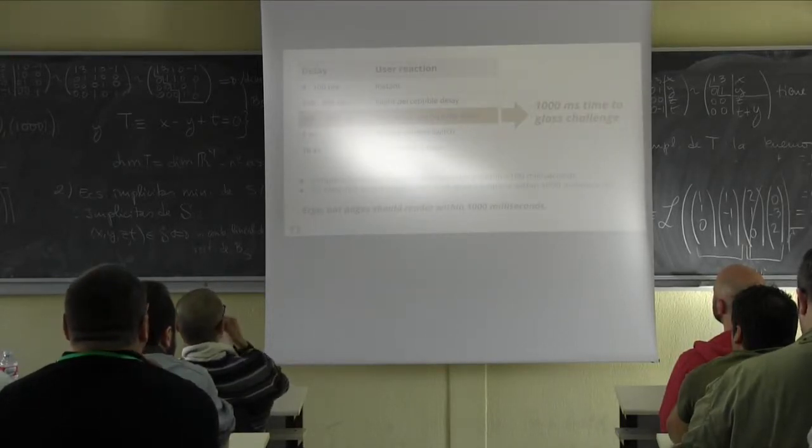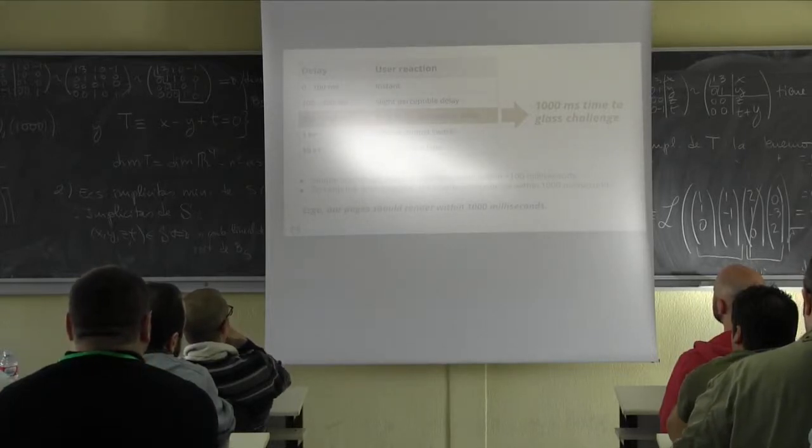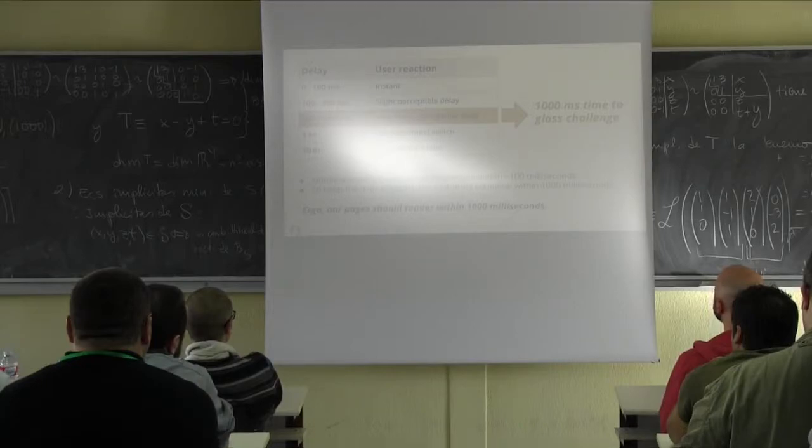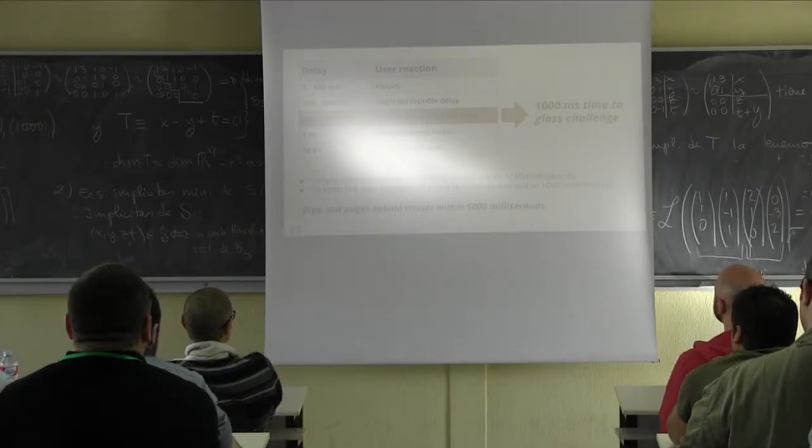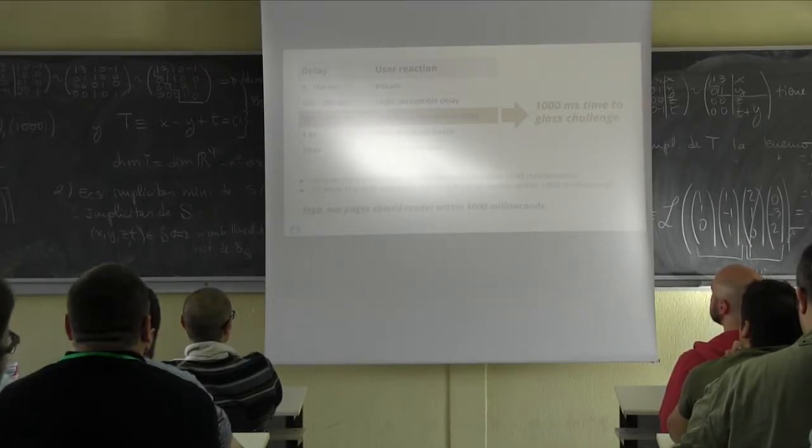I borrowed this slide from a guy from Google named Ilya Grigorik, who introduced the idea called the 1,000 millisecond time to glass challenge, which states that your site should render to screen, or to glass, within 1 second of user interaction.